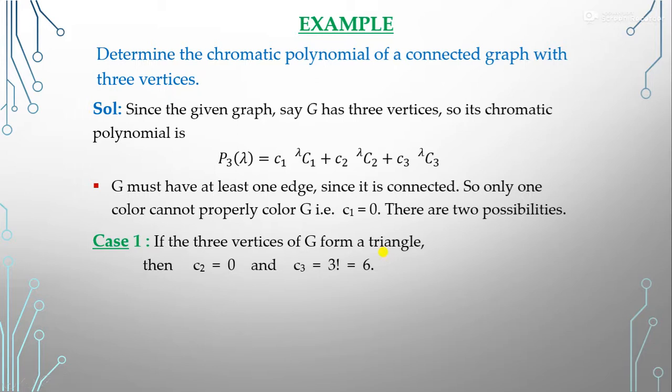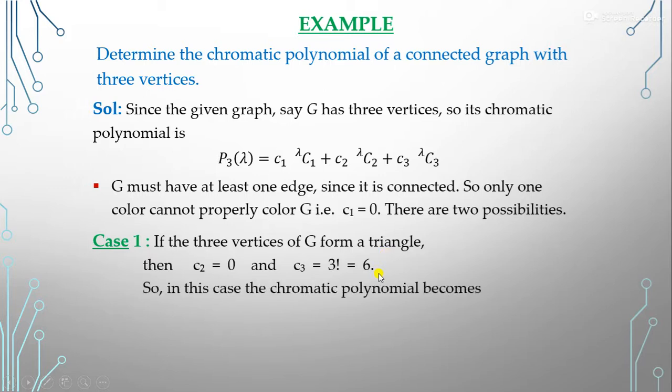Three colors, right? It means that our C2 is 0 here, and what is C3? C3 is always, because we have three vertices, factorial 3, which means we have 6 different ways of coloring the graph G, that is a triangle.